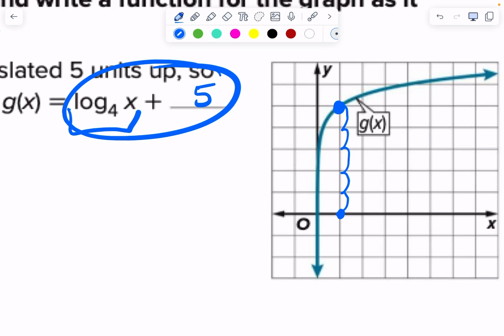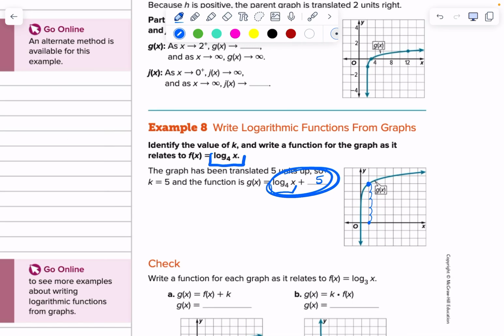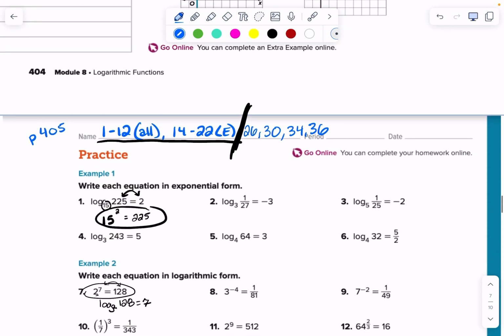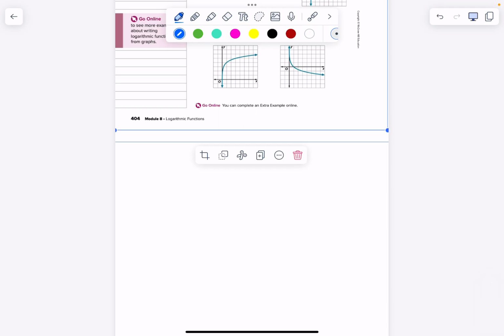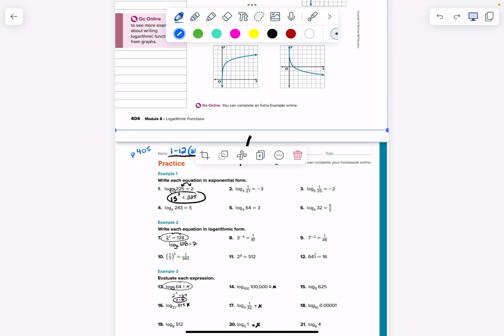He's only here and he's just moved up 5. That's all. So this is rewriting what the function looks like. Log base 4 of x plus 5. Good? Where did he go? Whoa, it deleted. We undo. He's gone. What? There he is again.